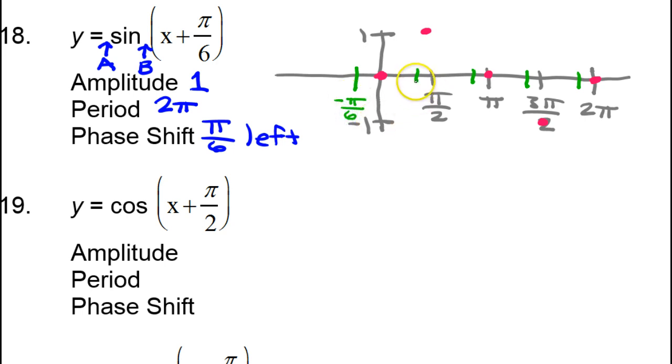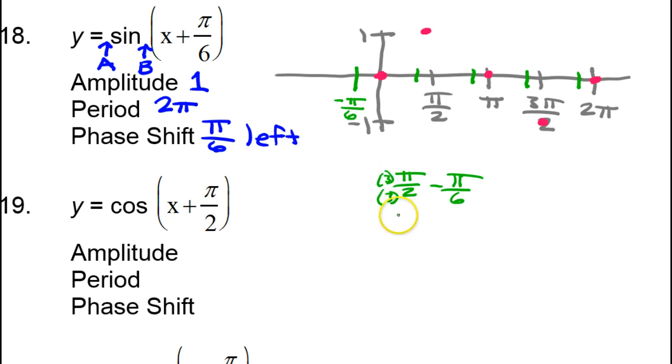Now what about this one? Well, this is pi over 2 minus pi over 6. Okay, that's how I'm going to find the name of this. I'm subtracting pi over 6 from everything. So I need like denominators though, so I'm going to multiply this by 3.